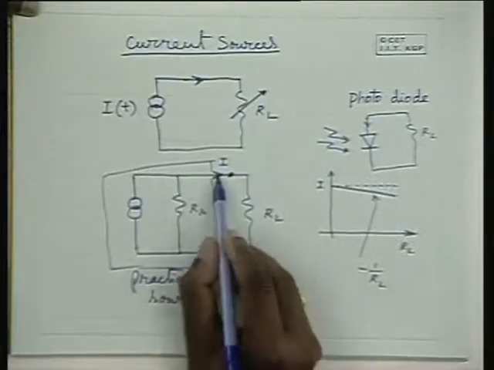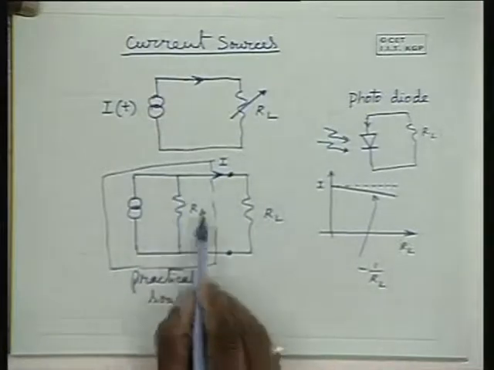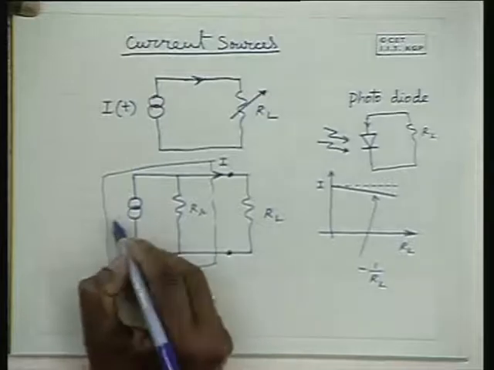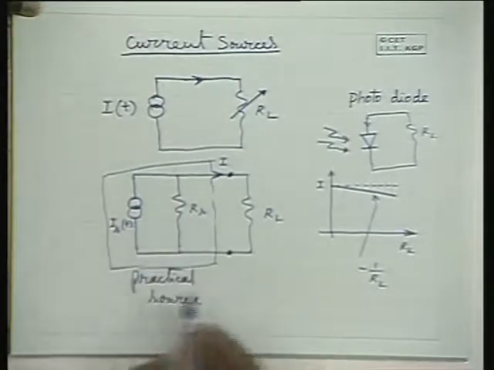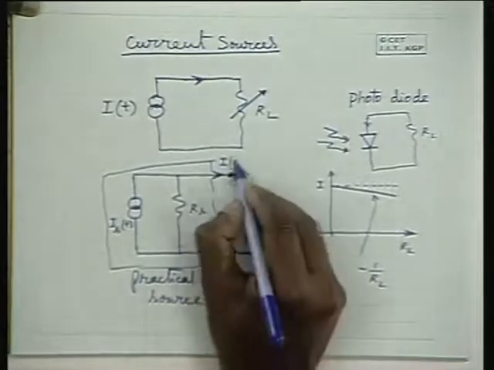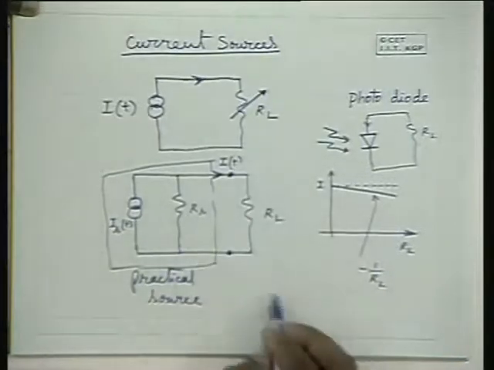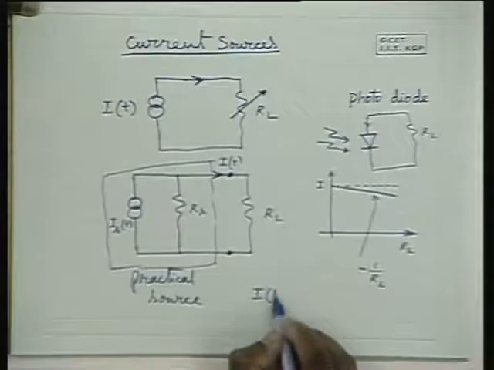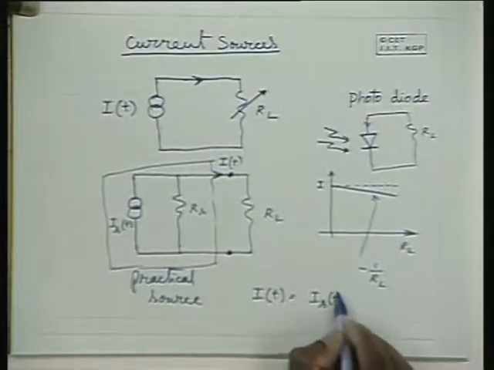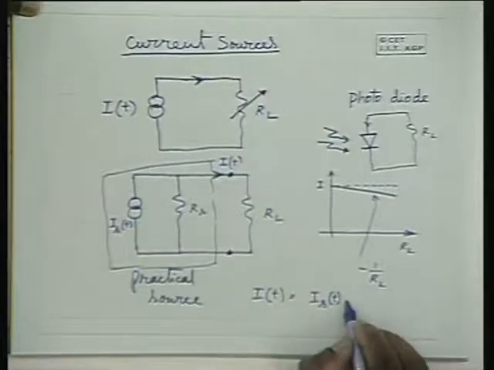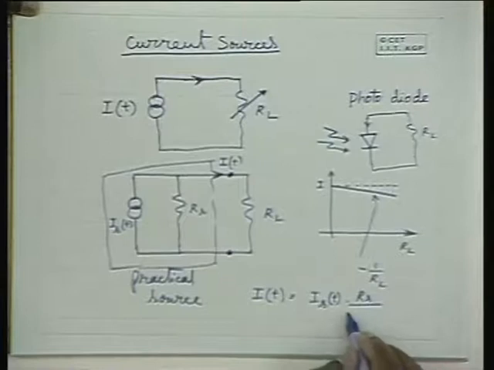This characteristic slope is minus 1 by RL. And please note that the current drops only when you have a parallel resistance like this. If this is IST and this is IT, IT is equal to IST into RS by RS plus RL.